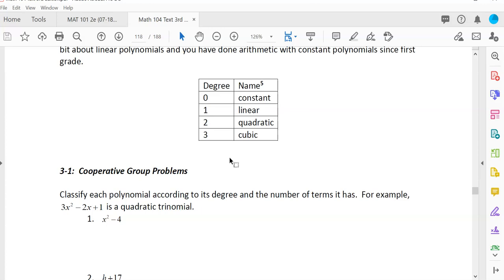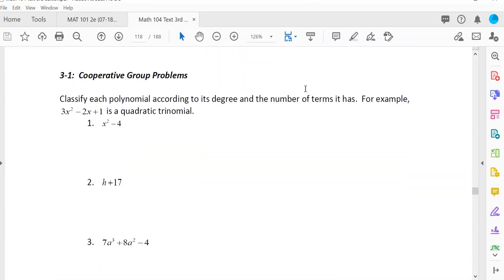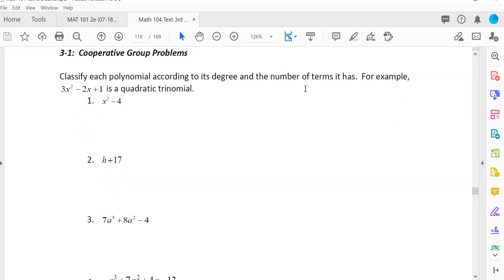So what I'd like you to do is use these terms that classify by degree, and then also use those special terms we learned earlier in 3.1, which classify by number of terms a polynomial has. Use the words for the degree and the terminology for the number of terms, and classify each in these cooperative group problems.